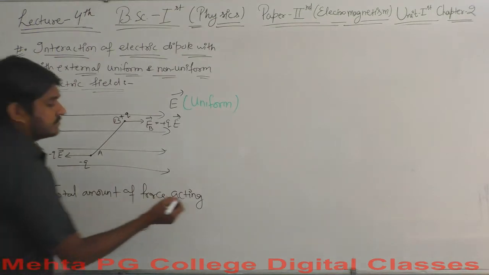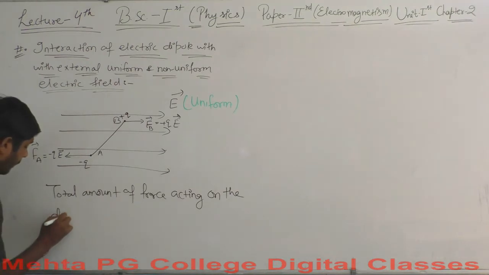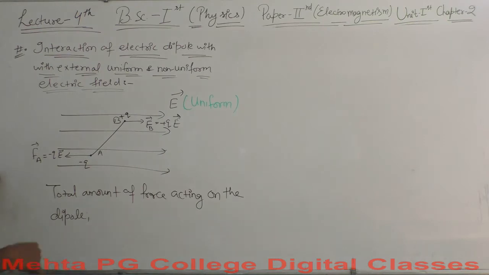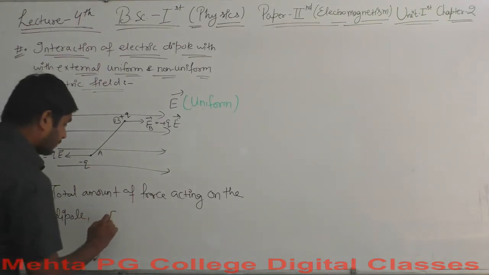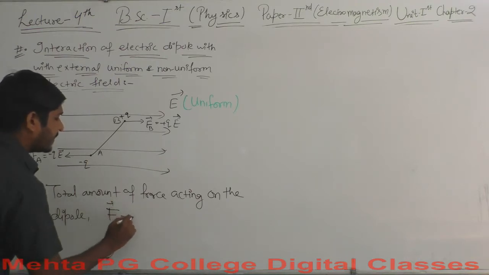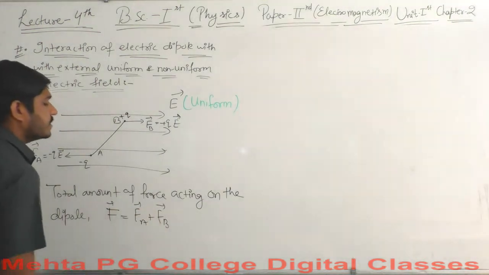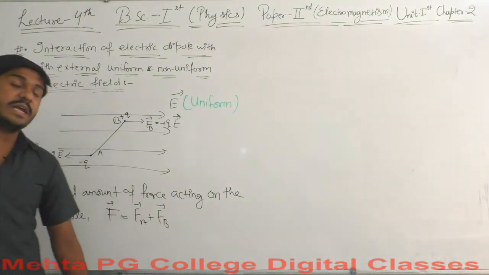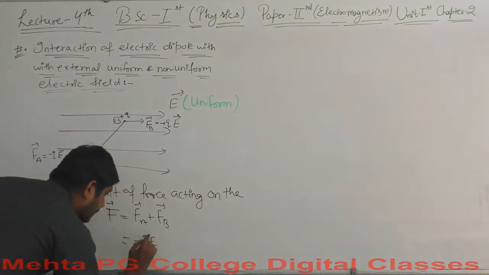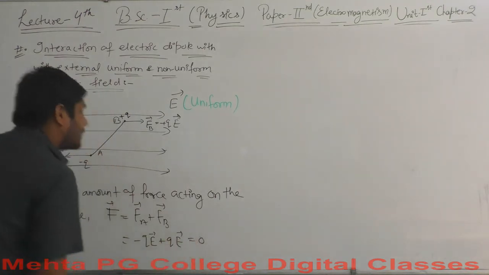Let's say the total force is F, and it will be equal to FA plus FB, the force at both the point charges. So FA is minus QE, and FB is plus QE. So the resultant will be 0 here.